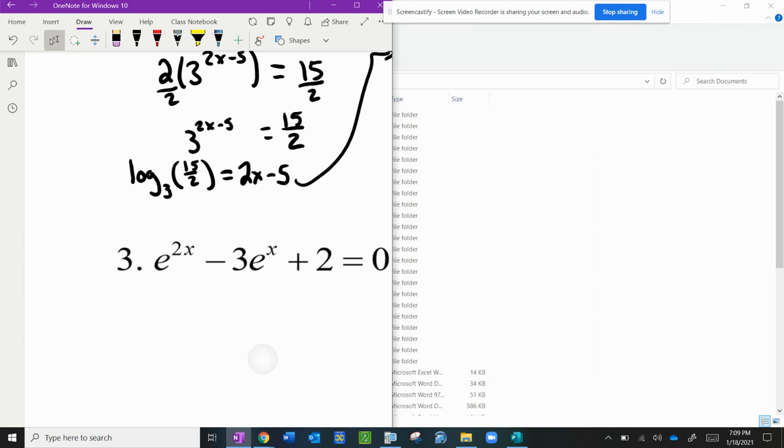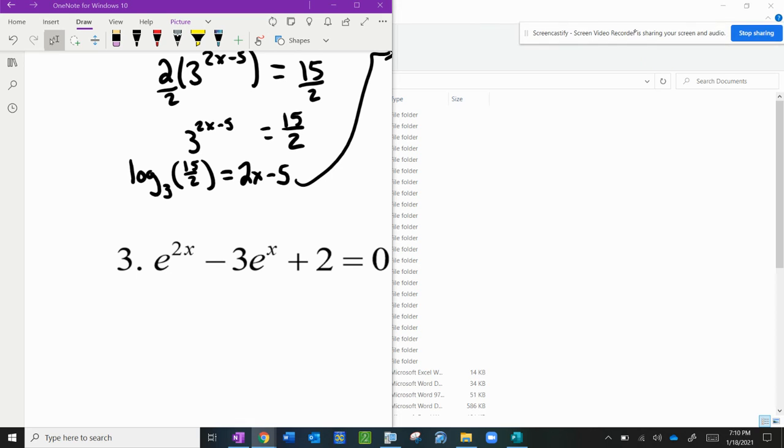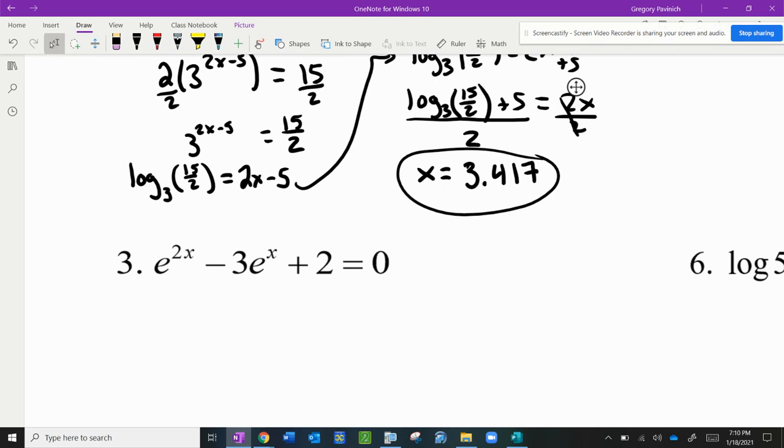Next problem. Now, anytime you have an exponential and you have multiple terms, first of all, that it's a trinomial and they have the same base, you're going to have to get used to looking at that, because this is probably going to be a quadratic. We've encountered these, but it's been a while.